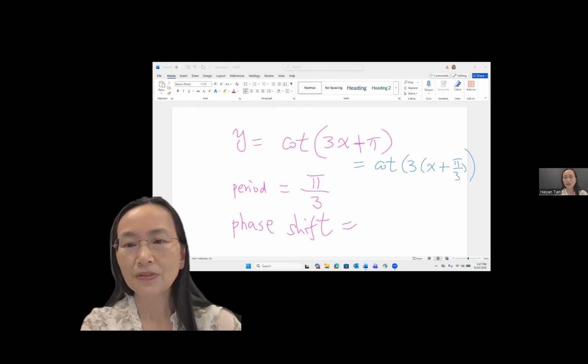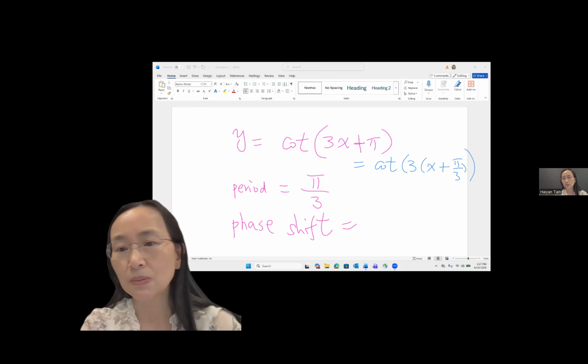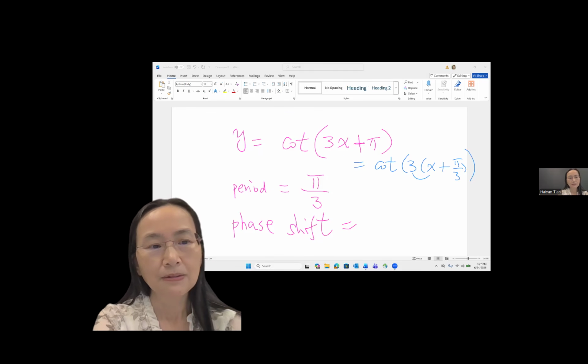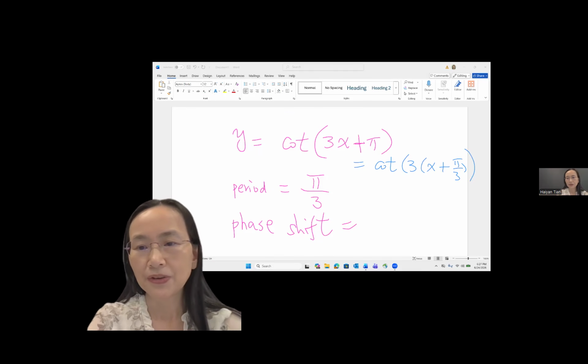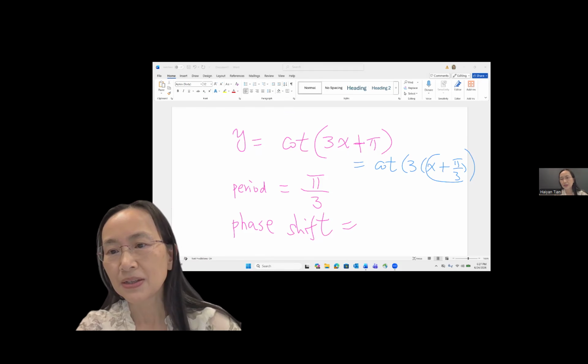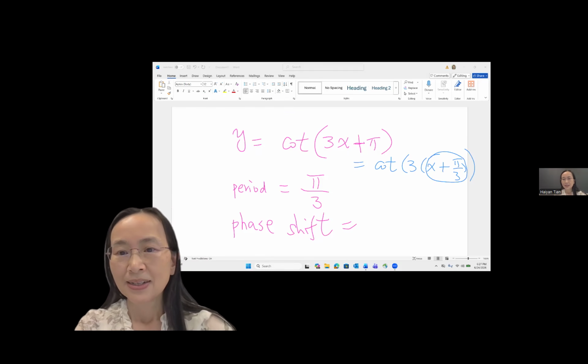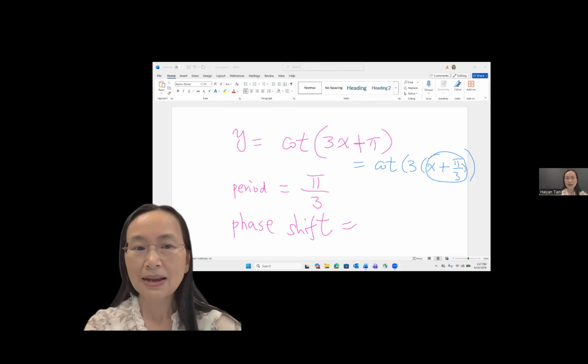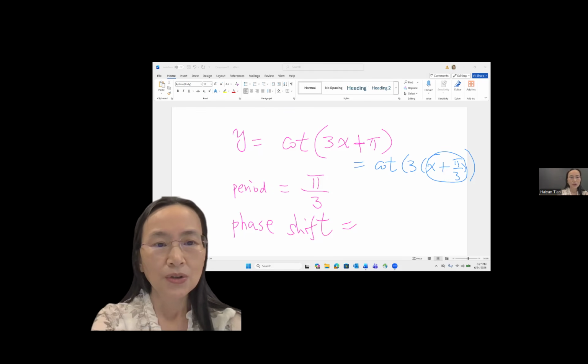So after you factor out 3, you can always double check. You see 3x, we get this, right? 3 times 1/3 of pi, you get pi. So you can quickly do a double check after you factor. So this, you see, means a horizontal shift to the left-hand side to get this curve.